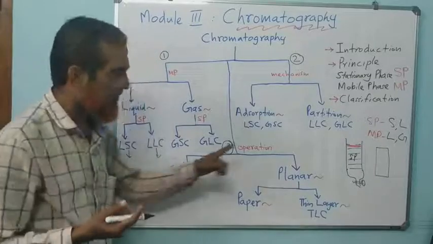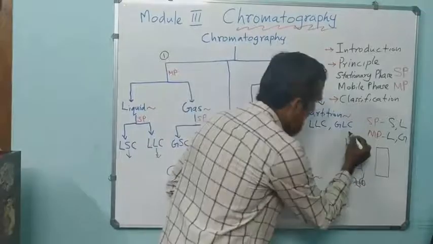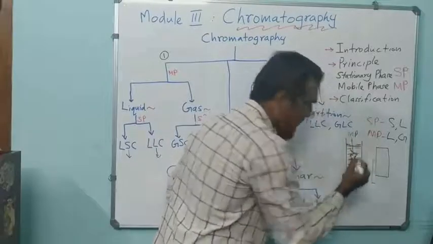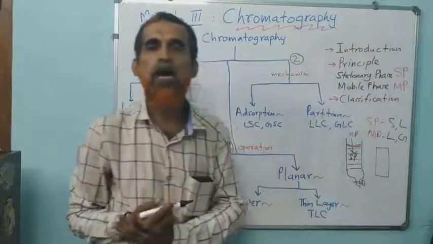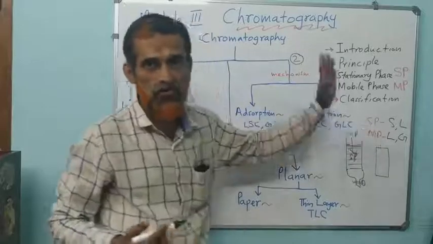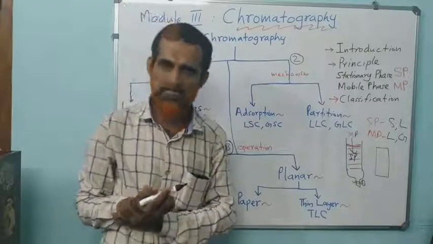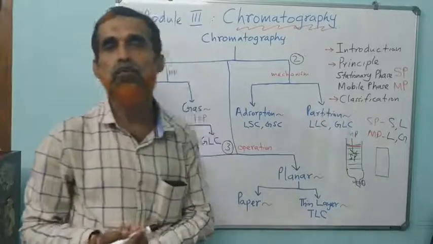In column chromatography, the difference is that the mobile phase is applied at the top and it comes down. So mobile phase moves down under gravity, or sometimes we apply pressure for a faster separation. So under gravity or under pressure, mobile phase moves down.